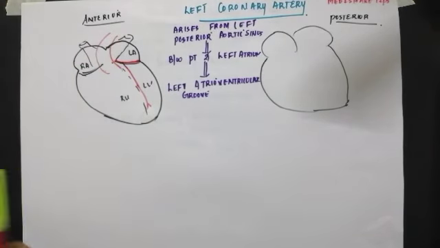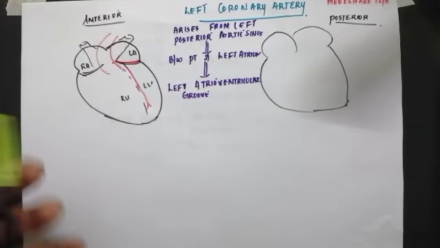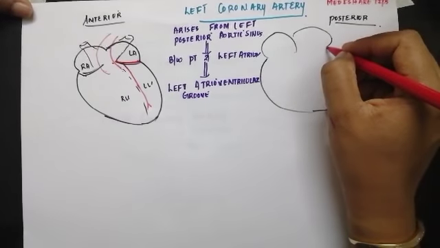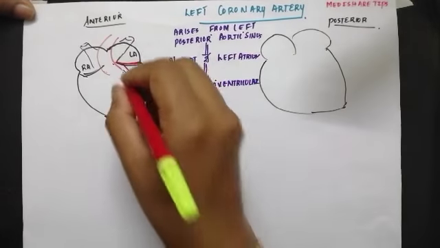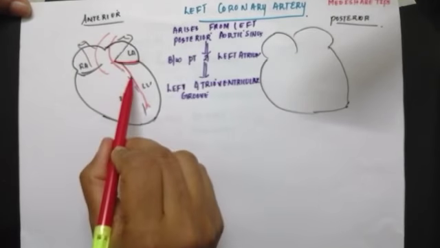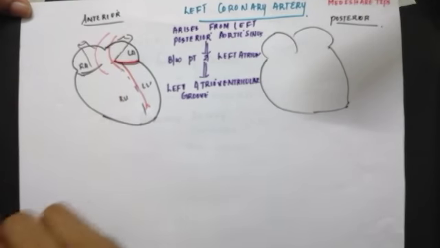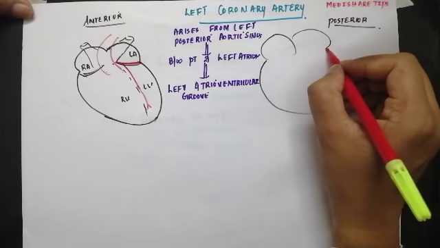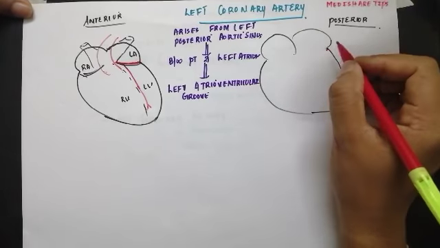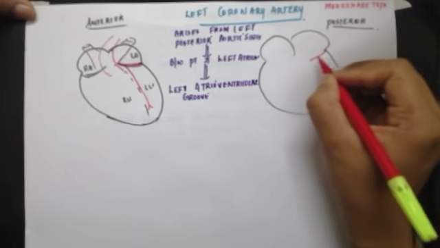So after giving out the anterior interventricular branch, it passes into the posterior aspect. So it reaches the posterior aspect here. And after giving out the anterior interventricular branch, the left coronary artery is known as the left circumflex artery. The left circumflex artery enters the left posterior coronary sulcus like this.